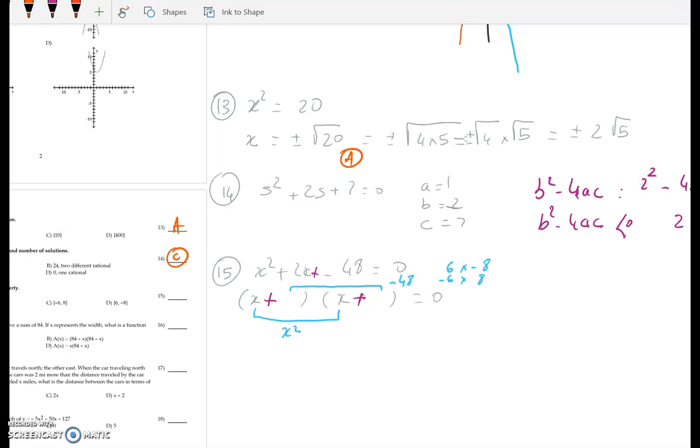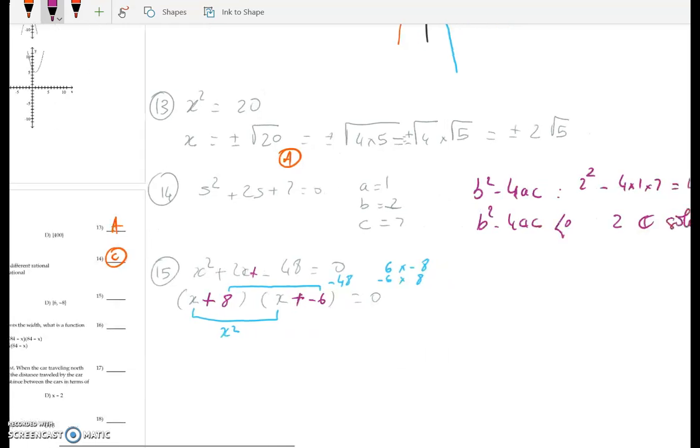Because the middle term is supposed to be plus 2, I'm going to have to write, very simply, 8 and negative 6. Okay? And if I distribute x by x, x squared, x by negative 6, I'm going to have negative 6x plus 8x will give me 2x, while 8 multiplied by negative 6 will give me minus 48.